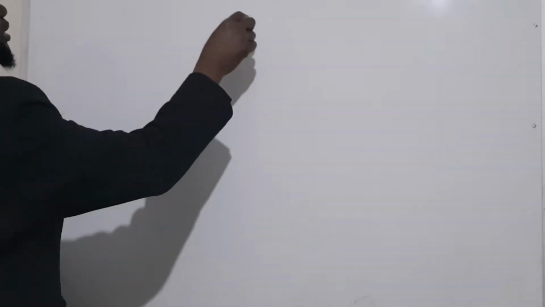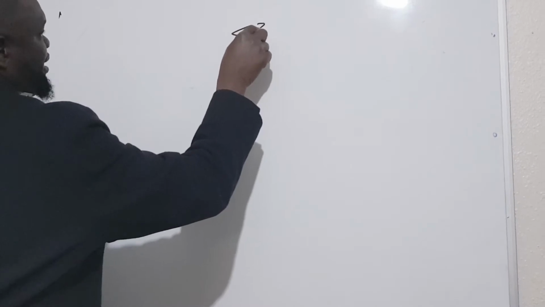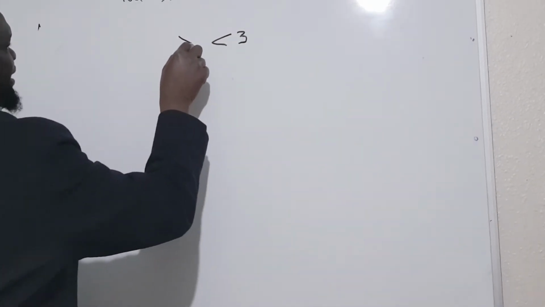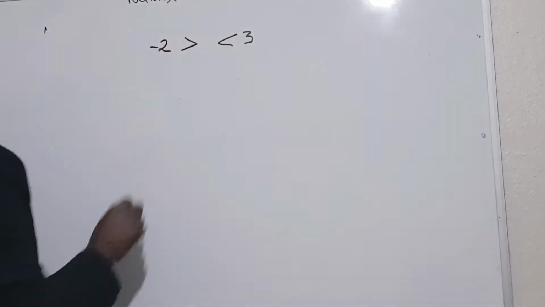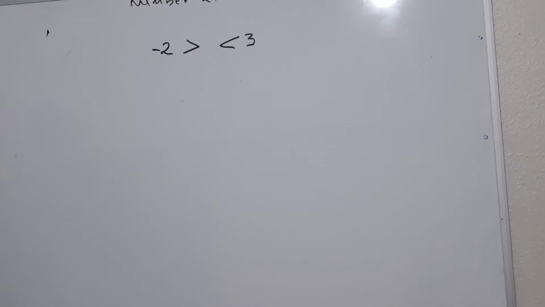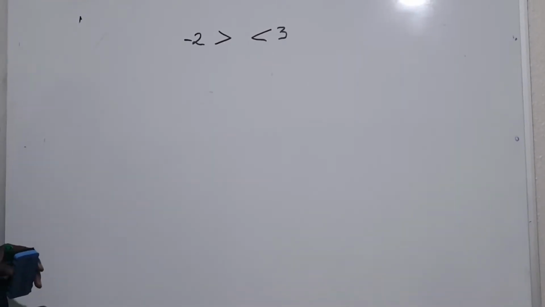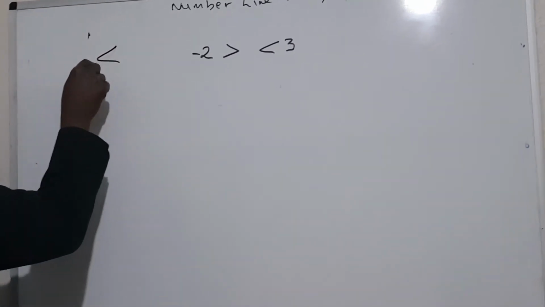Now let's say they give you two numbers: numbers less than 3, but greater than minus 2. First of all, less than or equal to is shown like this.